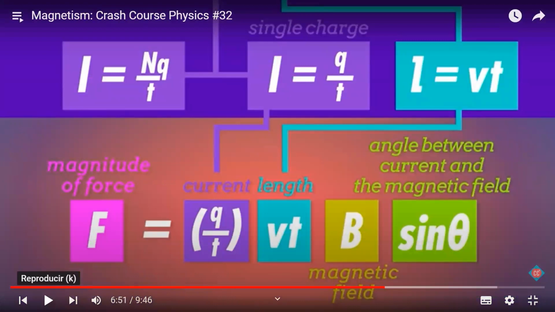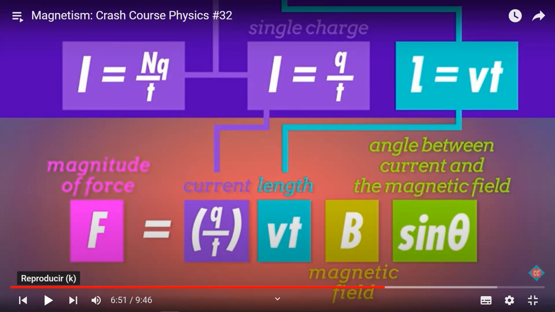So we can apply these two facts. Basically, current is charge divided by time. In the case of a current, n is a lot of charges moving through a space. So let's assume that instead of many charges, it's just one charge. So n equals 1, and current is charge divided by time.